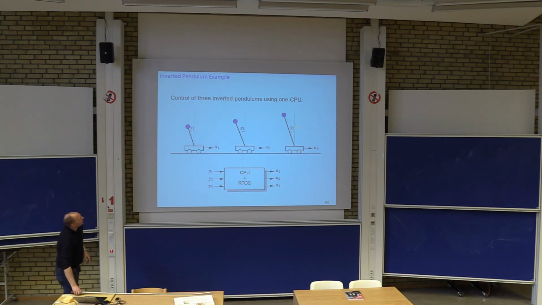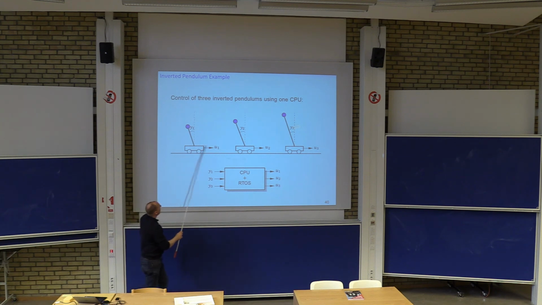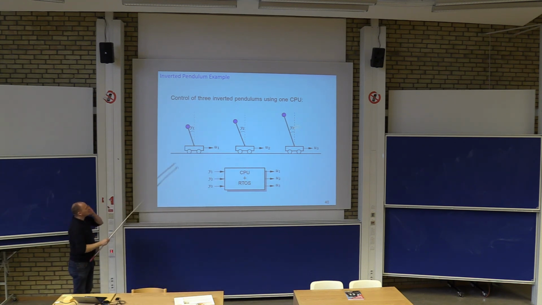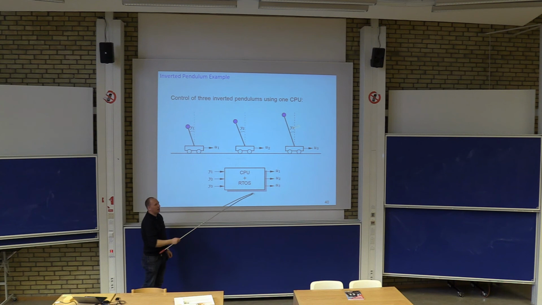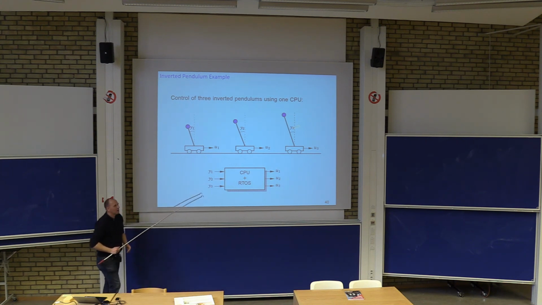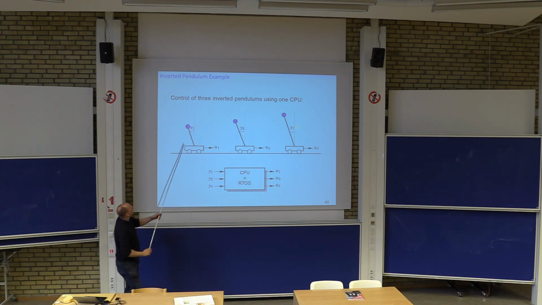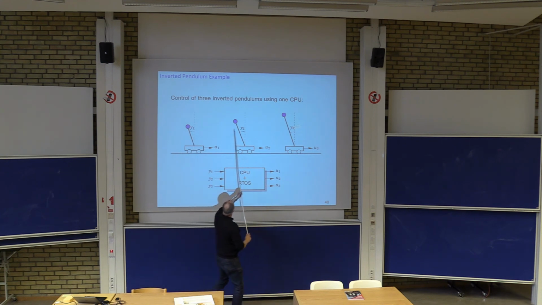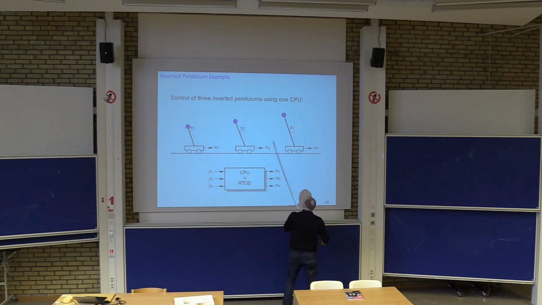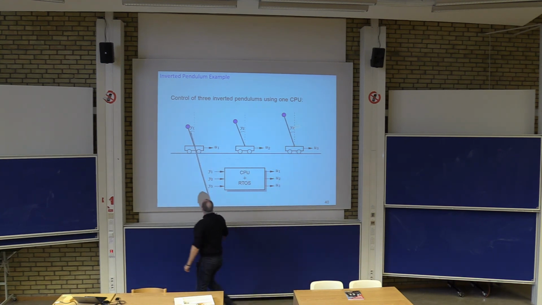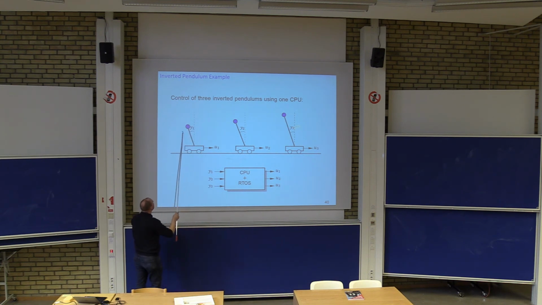In this case, we have 3 different carts, and it's basically an inverted pendulum here. They are controlled by one processor with a real-time operating system. The length of the pendulum is different, so we see that we will have faster dynamics with a shorter pendulum than with a long pendulum.